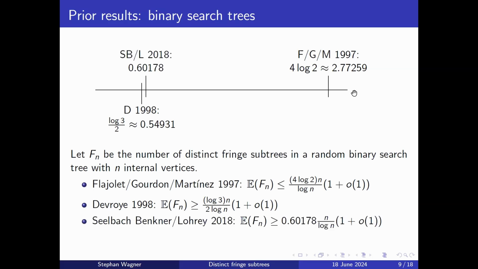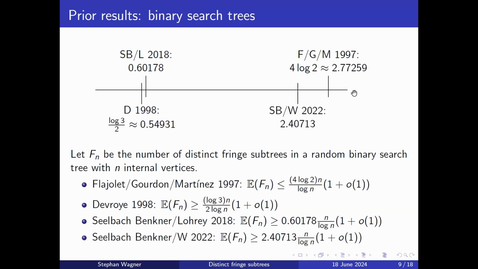And then this was improved a little bit further. Luisa and Markus Lorey, who's sitting up there, had a bound as a corollary of a more general scheme of random tree models, where if you plug into their result, you get for the specific case of binary search trees a constant of 0.6, a little bit more.